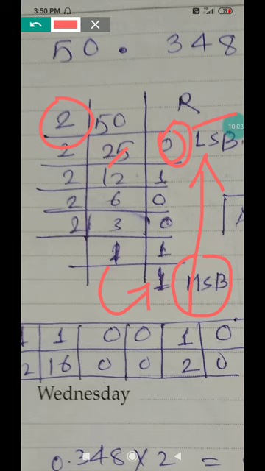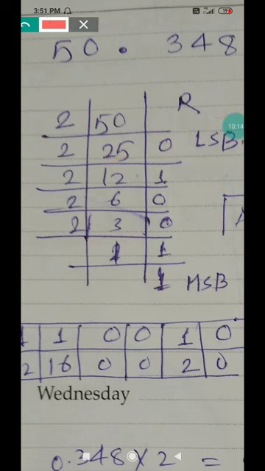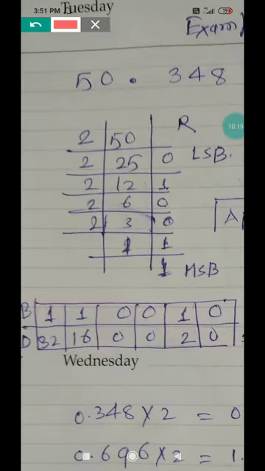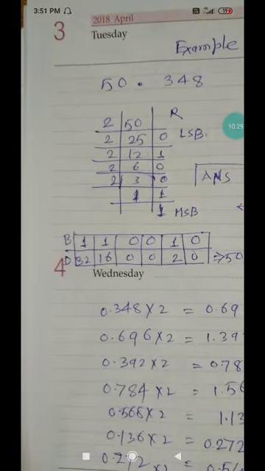If you note this number from bottom to top, it will be 1 1 0 0 1 0. So you have to write it like this, 1 1 0 0 1 0.